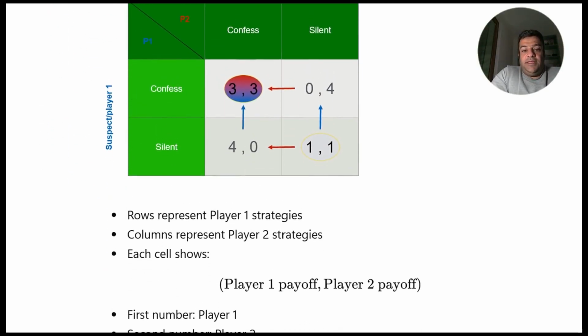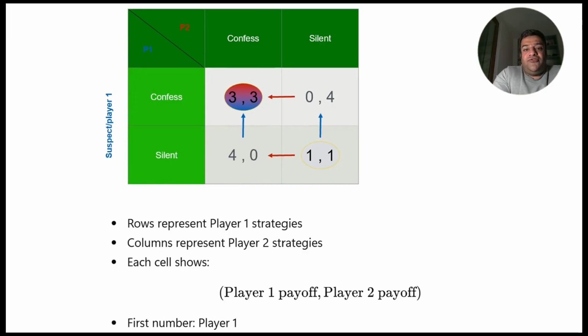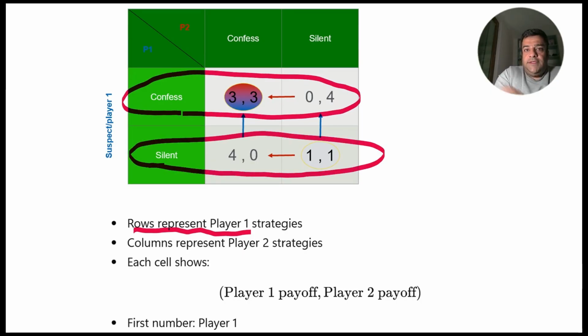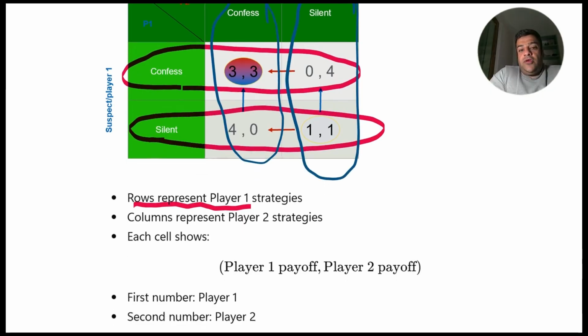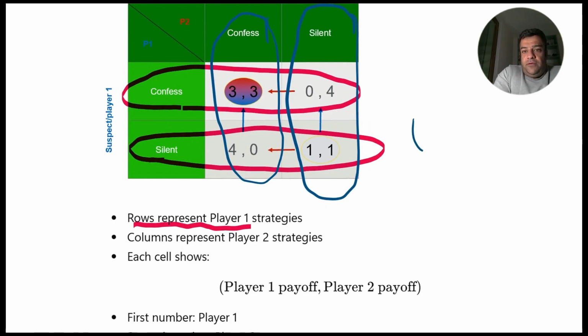For example, this is exactly the matrix of the prisoner's dilemma. The row represents player 1, and the column represents player 2. Each cell shows, for example, if you write 3 here, that is player 1, and that is player 2. But you see it has confess and confess.